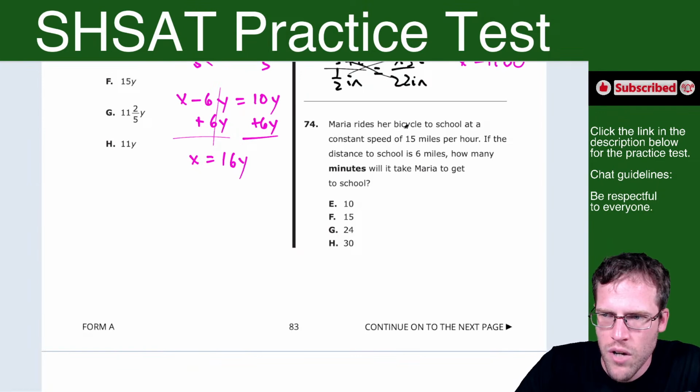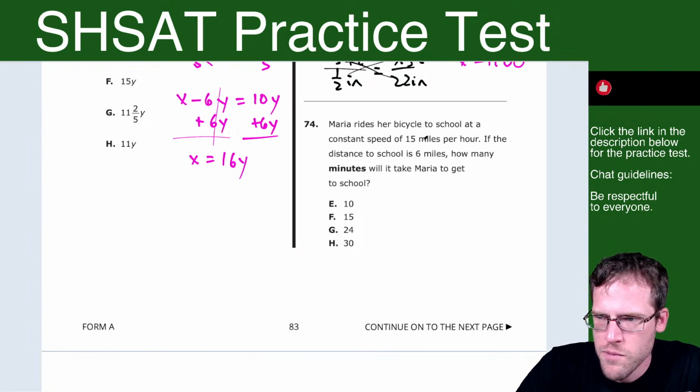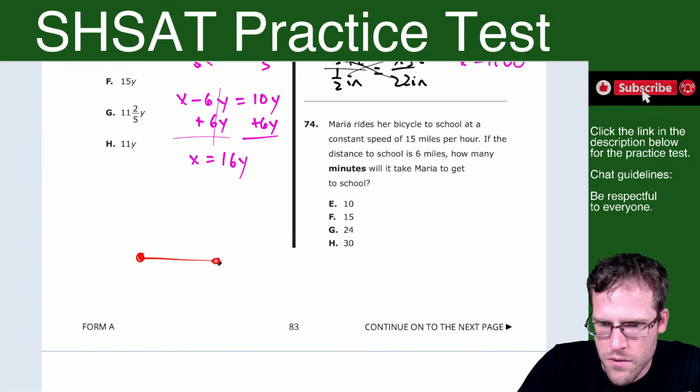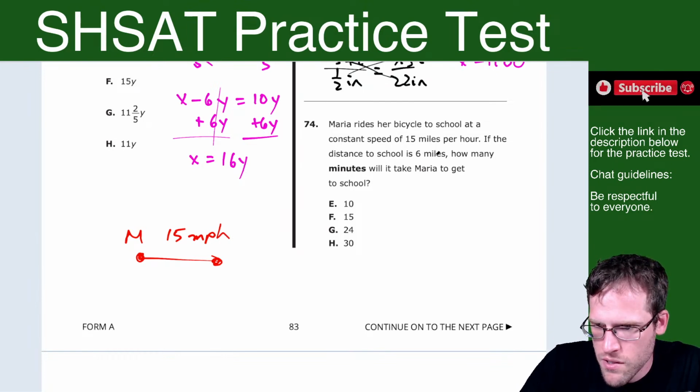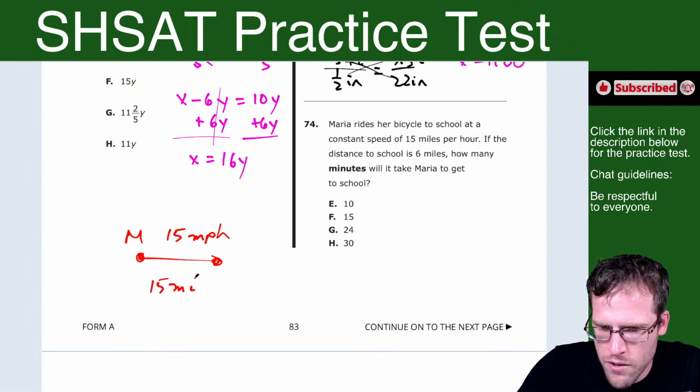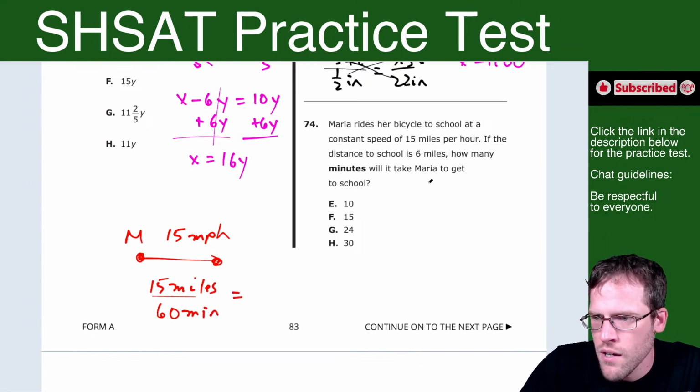So Maria rides her bike to school at a constant speed of 15 miles per hour. All right, so there's Maria going 15 miles per hour. If the distance to school is 6 miles, how many minutes will it take Maria to get to school? All right, so Maria goes 15 miles per hour, which is 60 minutes.